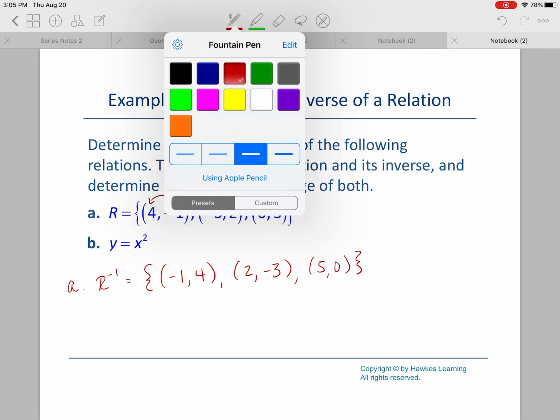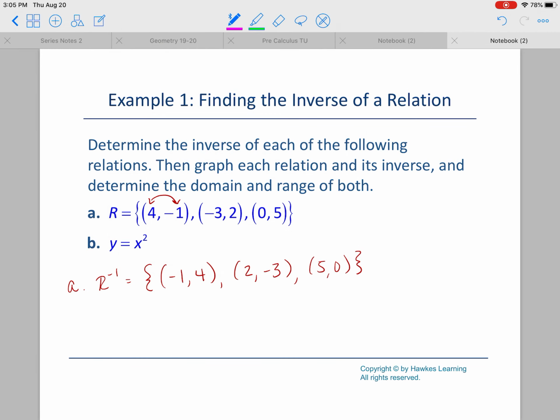Okay, so let's talk really quick about, are these relations actual functions? Now remember, in order for something to be a function, every input has to have exactly one output. So every x value has to have its own unique y value. So if we look at R here, is this a function? Okay, so 4, -3, 0, none of my x values repeat.